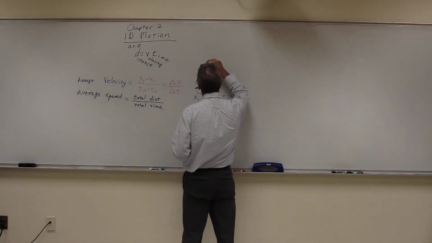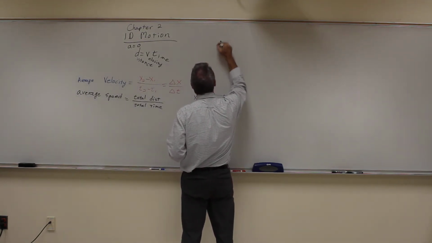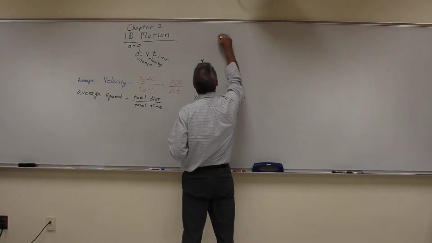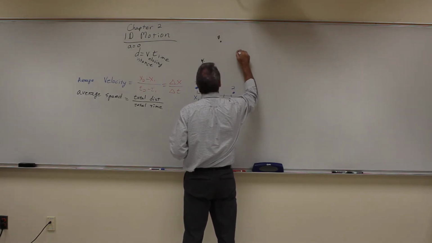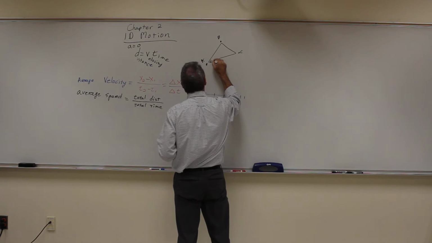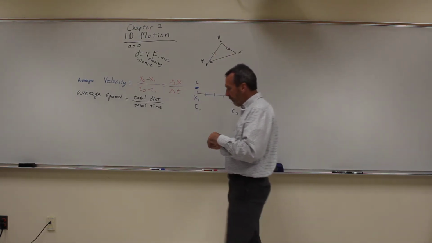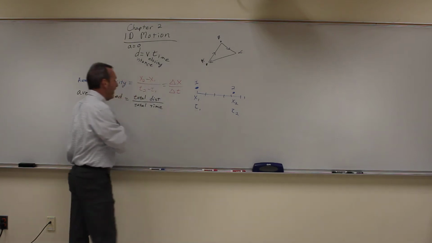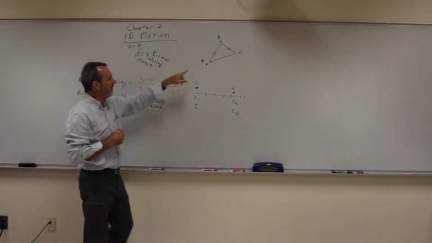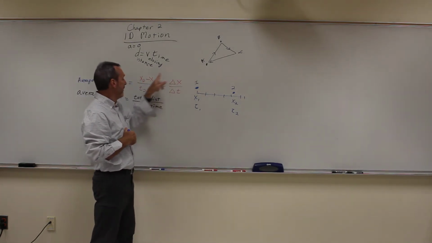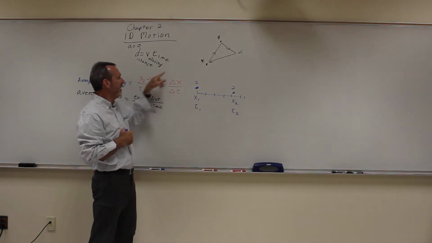Let's say I'm driving to a couple places. So I'm driving from point A to point B to point C, and then back to point A. So I made a triangle like this. Well, if I then calculated my average velocity, when I was at the initial position, I was at point A. When I was at the final position, I was at point A. So A minus A is just 0.